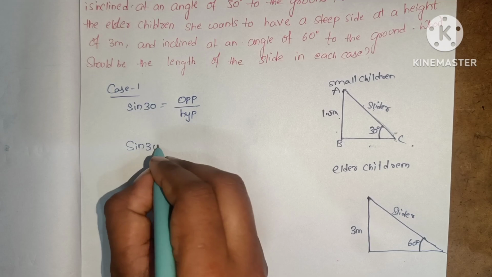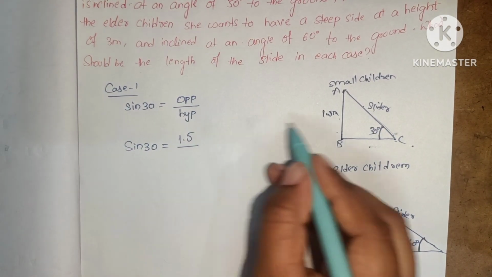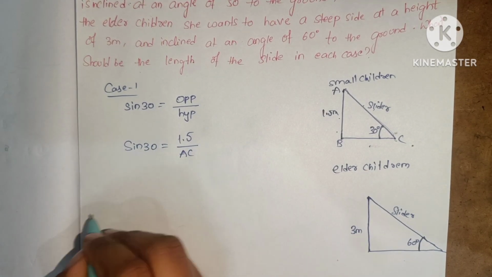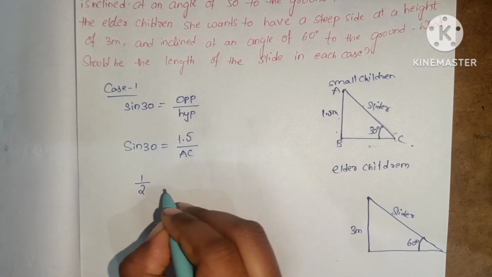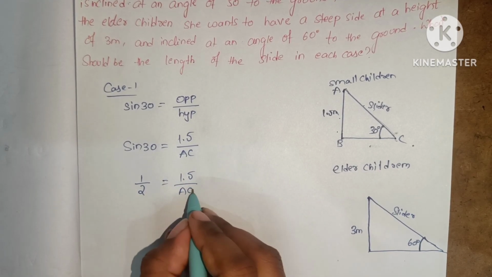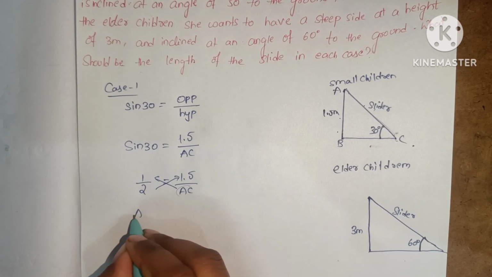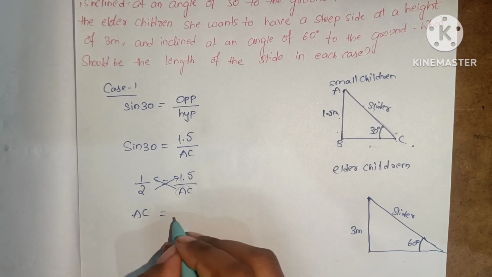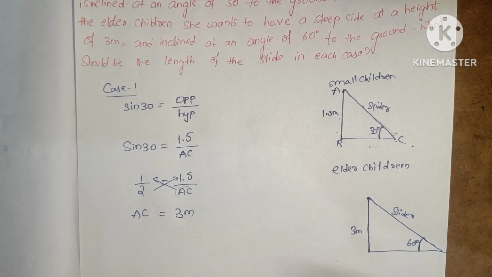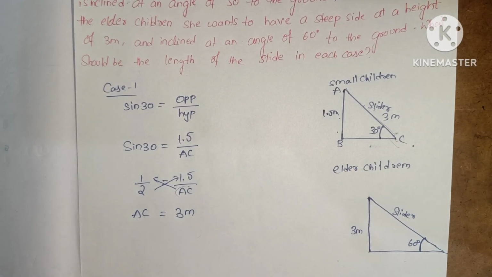Sine 30 equals opposite side, 1.5, by hypotenuse AC, which we don't know. Sine 30 is 1 by 2, equal to 1.5 by AC. Cross multiplication: AC into 1, AC equals 2 into 1.5, 3 meters. So the slider length is 3 meters in case 1.